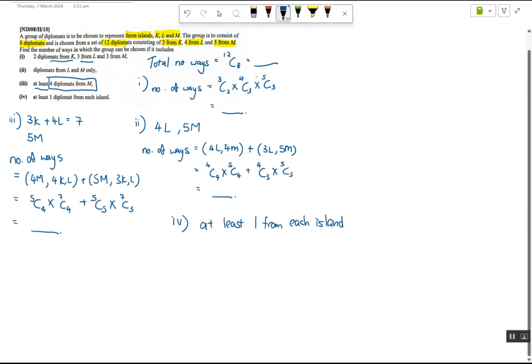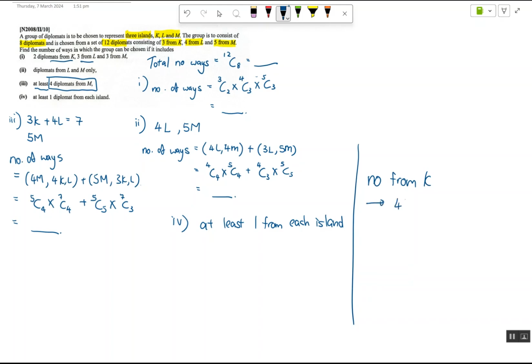Now, sidetrack a bit. If I have nobody from K, there are 4 from L and 5 from M to choose from. That is totally fine. And if I have nobody from L, then I will have 3 from K as well as 5 from M to choose from.